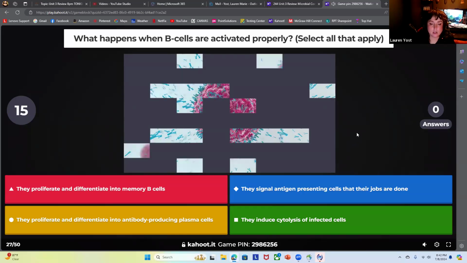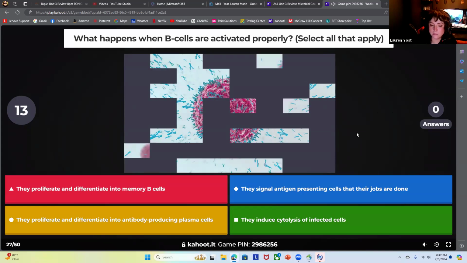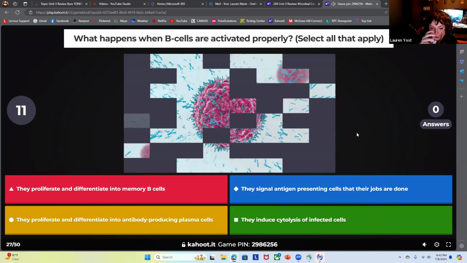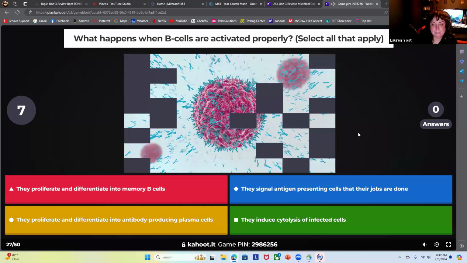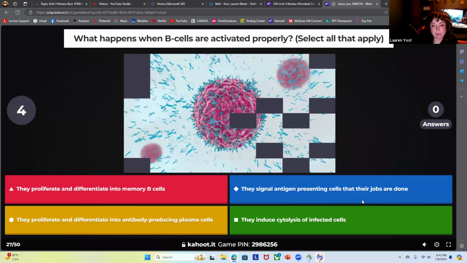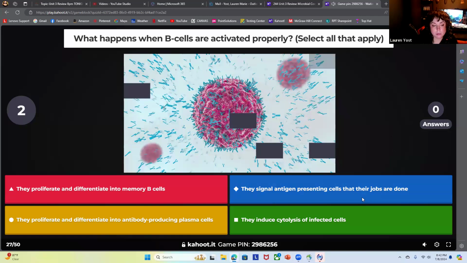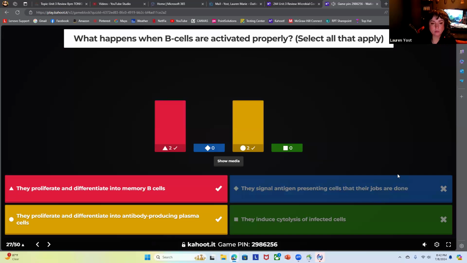Try to read your choices. I'll tell you that it's two of these. All righty, yes, you guys pretty much getting this. This is in fact going to be proliferate and differentiate. So there's that.